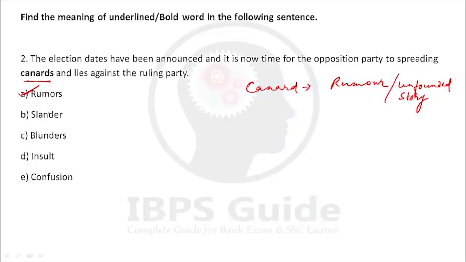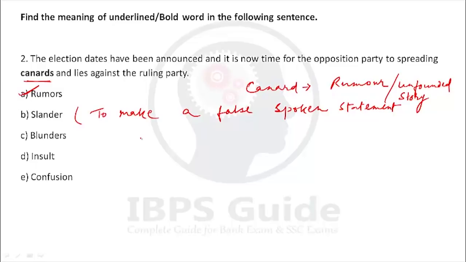Slander means to make a false spoken statement that causes people to have a bad opinion.